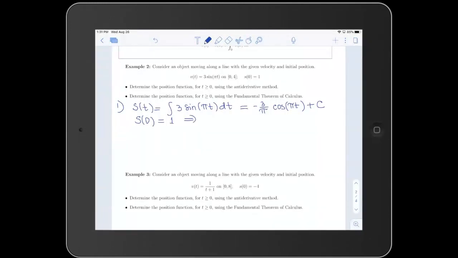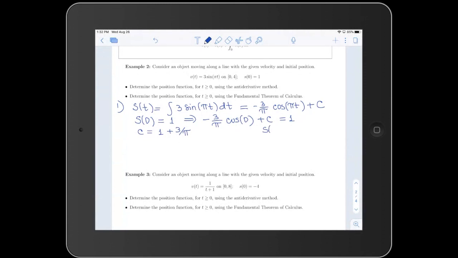Okay, so we'll plug this into our function. Cosine of 0 plus C is equal to 1. Okay, cosine of 0 is 1. So we have negative 3 over pi times 1 plus C is equal to 1. So from here, we can find our C. So for C, it's 1 plus 3 over pi.